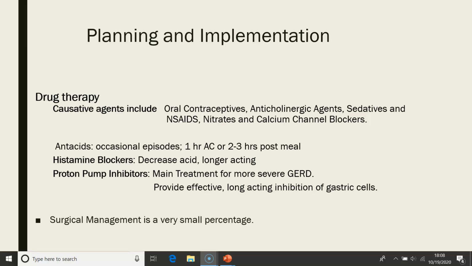Histamine blockers decrease the acid and are longer acting. Proton pump inhibitors are the main treatment for severe GERD and provide effective long-acting inhibition of gastric cells, so you have less acid in the stomach. A very small percentage of patients who have GERD do require surgery.